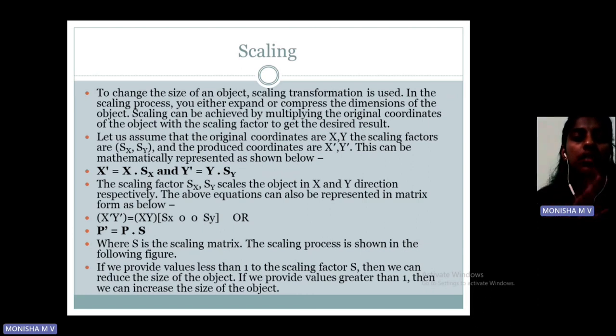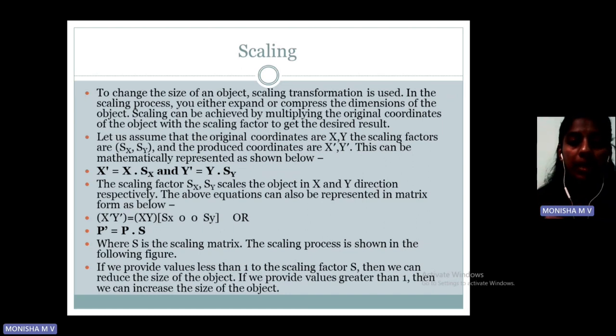Now let us see how the scaling coordinates are used in the scaling transformation. First, we assume that the original coordinates are x and y. The scaling factors are sx and sy. These two are the original coordinates and the scaling coordinates, and the produced coordinates are x dash and y dash.